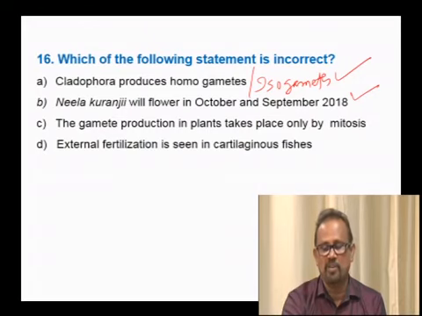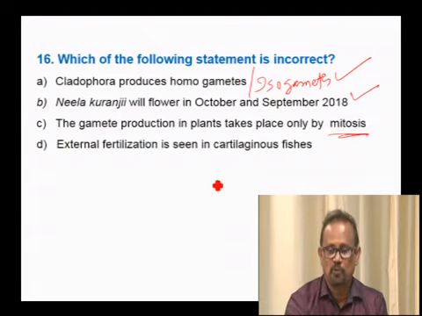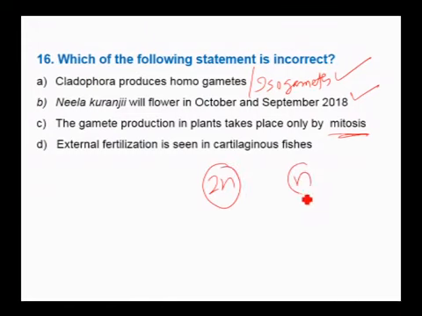The gamete production in plants takes place only by mitosis. As you know, in plants we come across two types of generation, sporophytic generation and gametophytic generation. The sporophyte is diploid, the gametophyte is haploid. The gametophyte is the one that produces the gametes. When the gametophyte is haploid, gametes are also haploid, therefore it has to be mitosis.